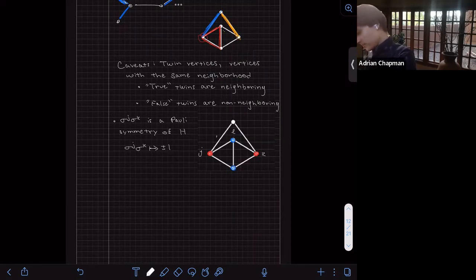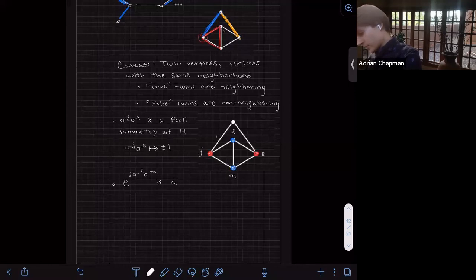If I have true twins, which are neighboring, then the exponential of sigma L times sigma M is a unitary.